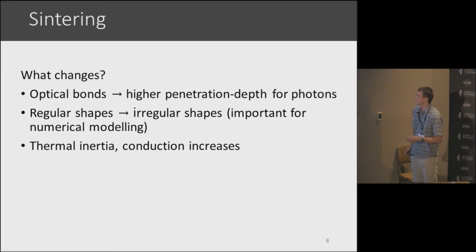So what changes by sintering is mainly that we create these optical bonds that allow photons to penetrate deeper into the surface, because the number of scattering processes is reduced when they can transmit through these bonds. The shapes get more irregular from spherical, and this is highly important when doing numerical modeling of light scattering, because most people do it on regular shapes because it's of course easier, but it gets quite difficult when leaving them for a long time.